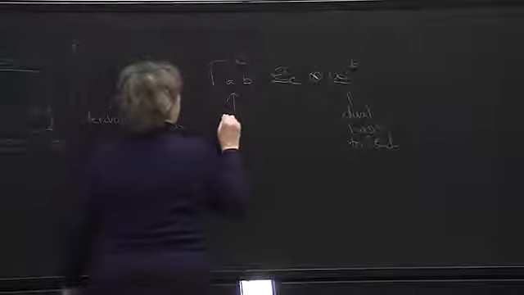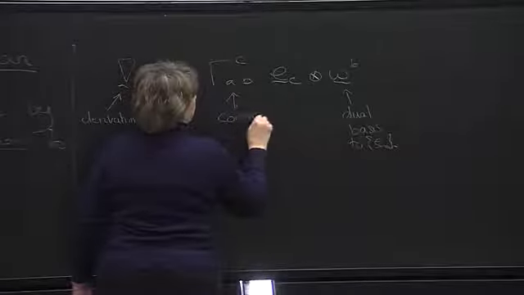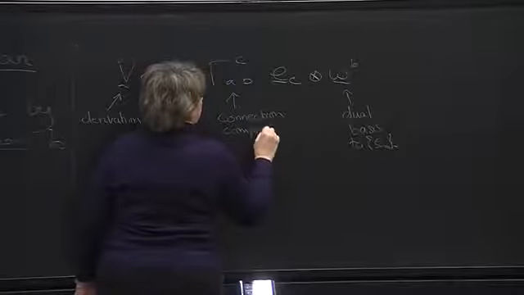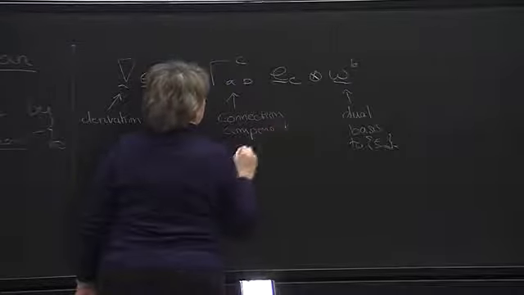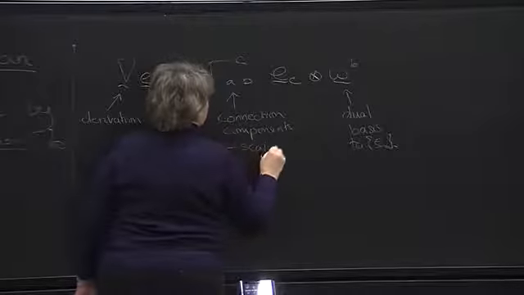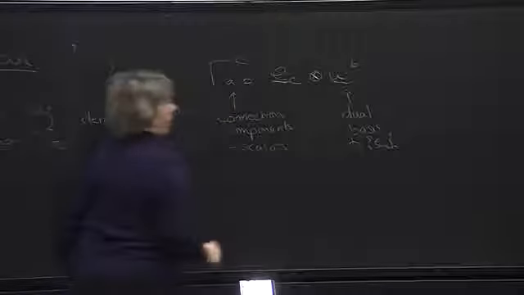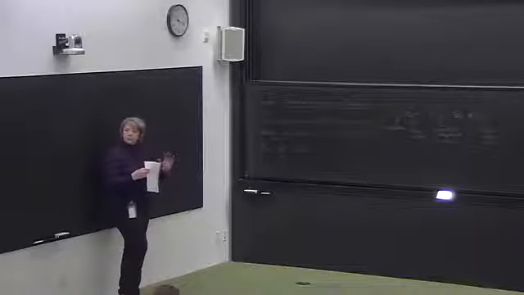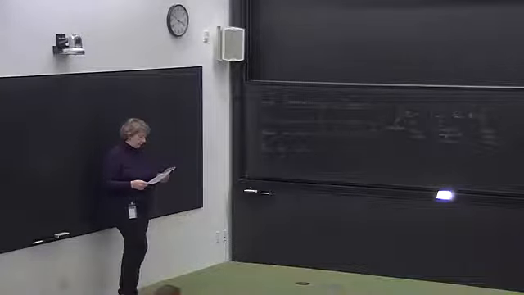Here, these gammas are a set of numbers, scalars, that give you this rule of how the vector basis changes as you move around on the manifold.